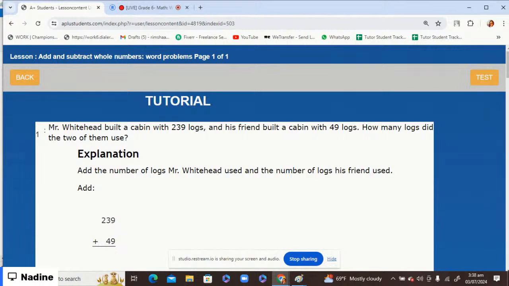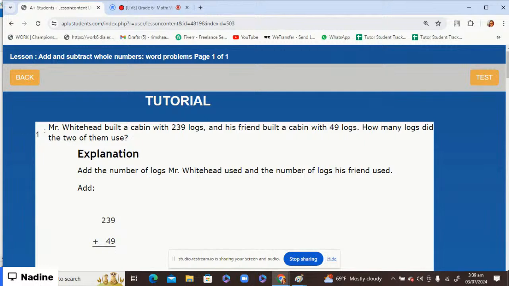So look at here. They are saying that Mr. Whitehead built a cabin with 239 logs. Okay. How many logs with it? 239. And his friend built a cabin with 49 logs.